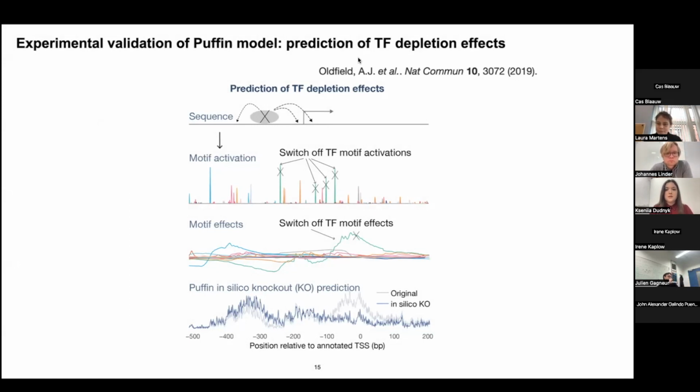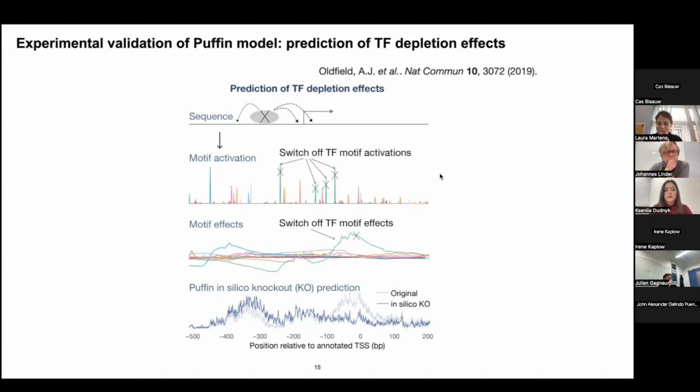In this study by Andrew Oldfield, the authors performed a knockdown of the NFY transcription factor. They knocked down the transcription factor and measured the base-pair resolution transcription initiation signal before and after the knockdown.